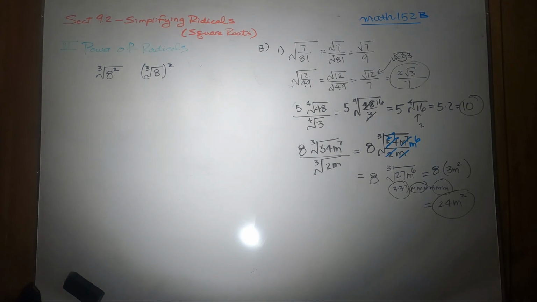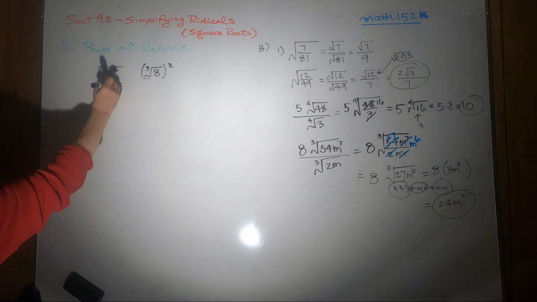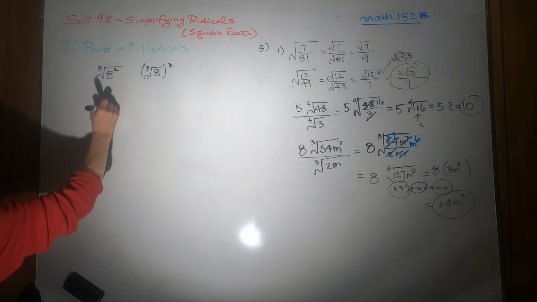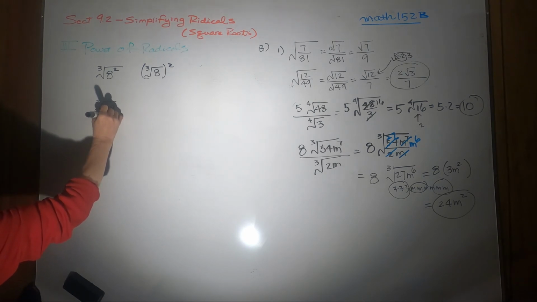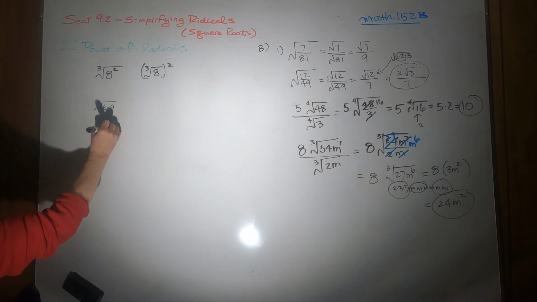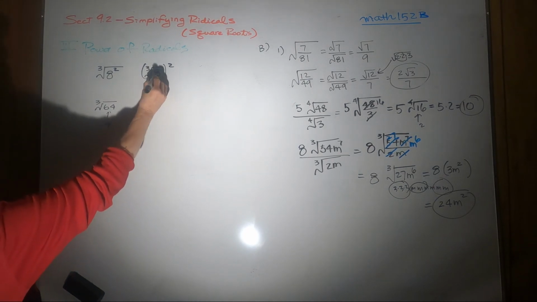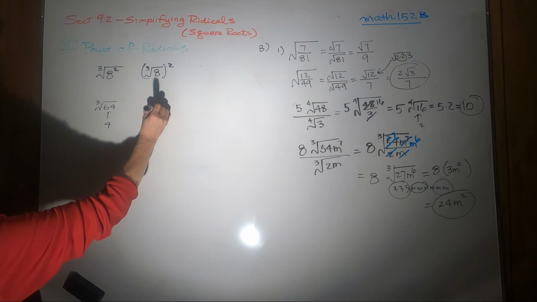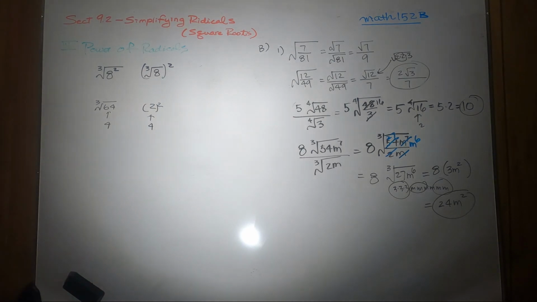Let's see. So, this one, what do we have? 64, take a cube root, that would be 4, right? Or you can do what? The cube root of 8 is 2, then you square it, that would be what? 4. Are they the same?